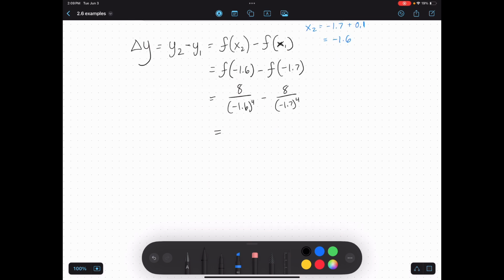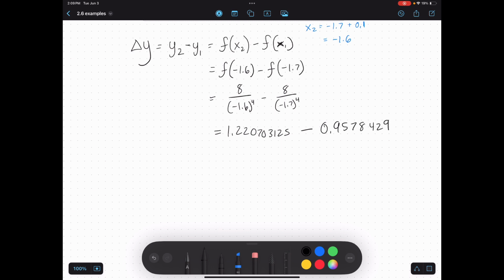Now this problem does say to wait to round until you get to the end and then round to 4 decimal places, so I'm going to try and do that here. I get 1.220733125 minus 0.9578429.